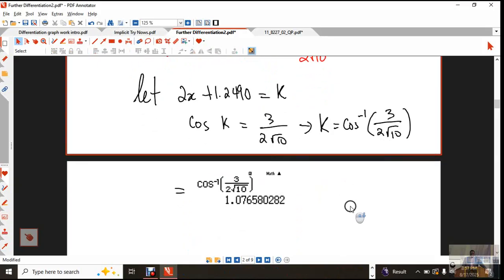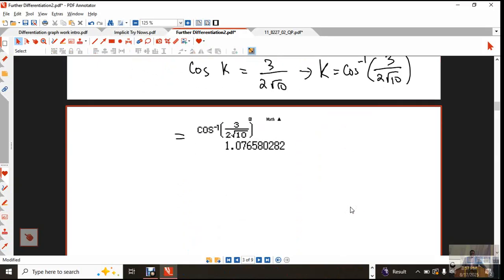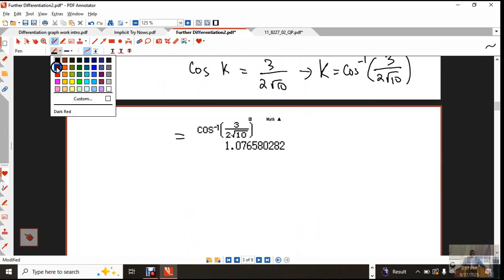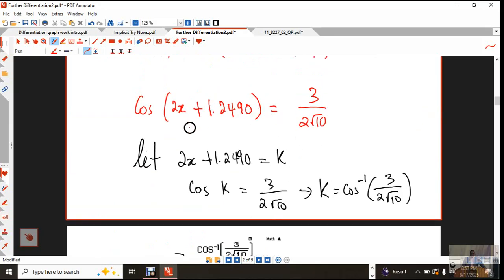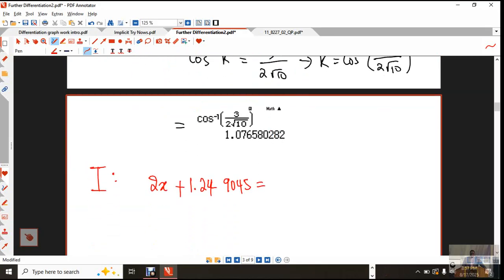Now in the first quadrant, I'm going to say that whole thing of 2x plus 1.249045, and so on, should equal to, this is the first quadrant, 1.07658, and so on, radians.